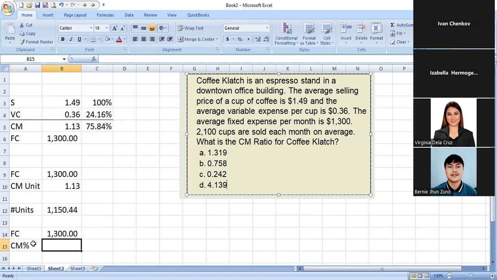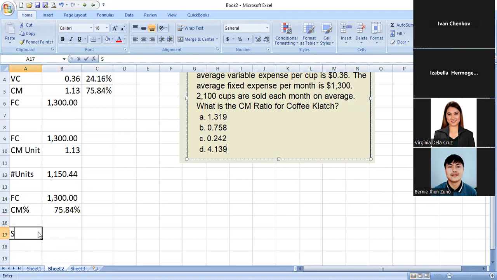Our sales at the break-even point will be 1,300 divided by the contribution margin ratio. $1,714 will be our break-even as a sales amount.